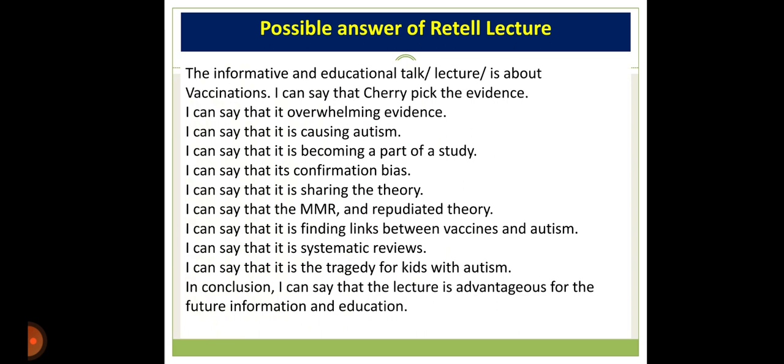I can say that it's a confirmation bias. I can say that it is sharing the theory. I can say that MMR, the repudiated theory. I can say that it's finding links between vaccines and autism. I can say that it is a systematic reviews. I can say that it is the tragedy for kids with autism. In conclusion, I can say that the lecture is advantageous for the future information and education.